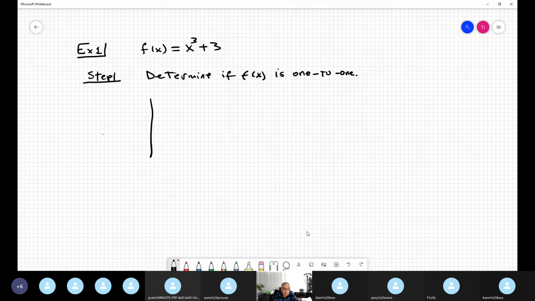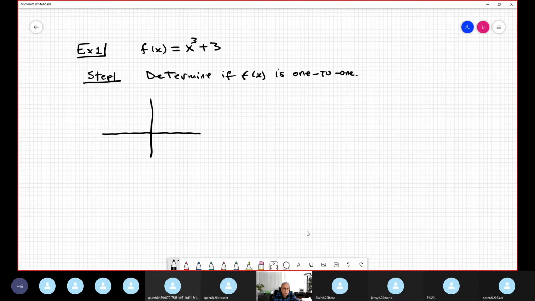The only possibility to determine si es 1-to-1 or no is with the horizontal line test, ¿no? Y I know que QB function, you know, is like that, the original QB function. And plus 3 is only the transformation, que you know very well.